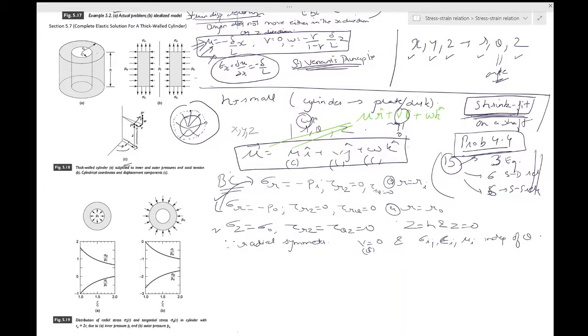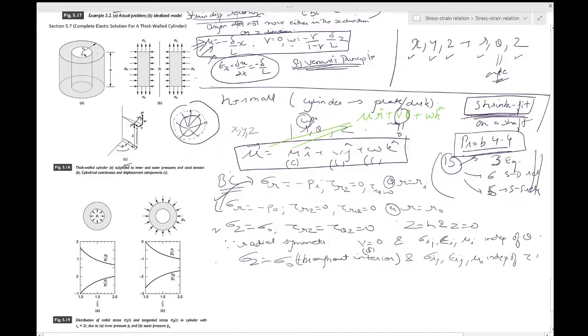Now we also make a hypothesis, based on the uniformity of the axial loading, that sigma z is equal to sigma naught throughout the interior. The stress and strain were earlier independent of theta only; now we are making them independent of z also.